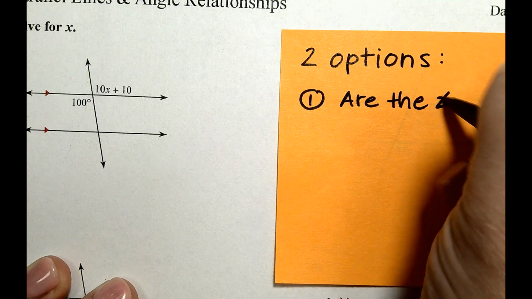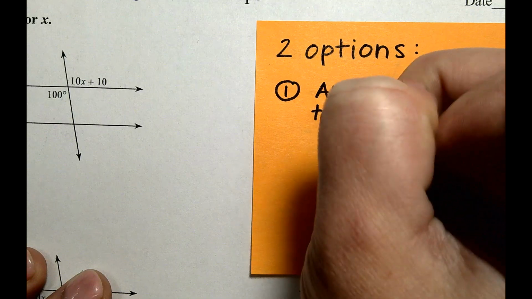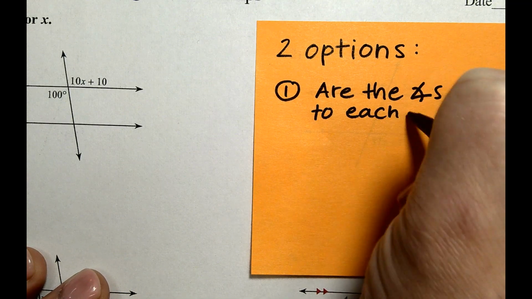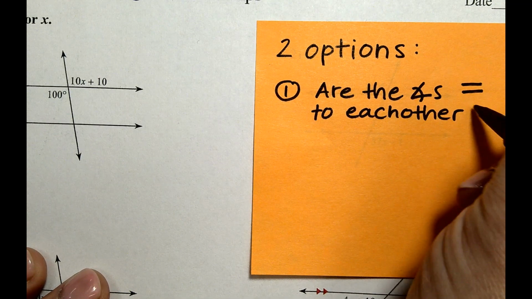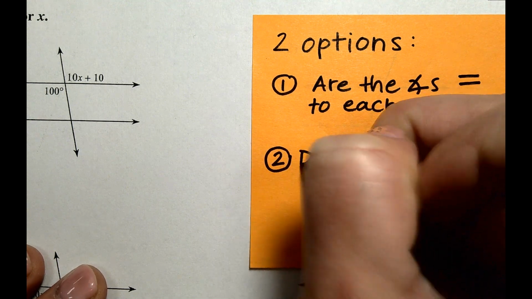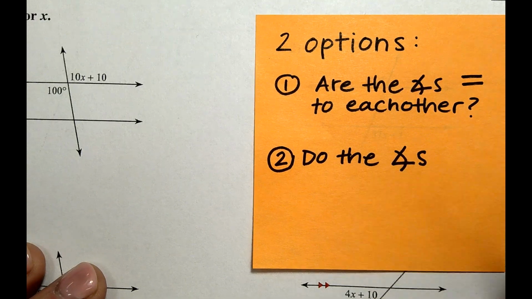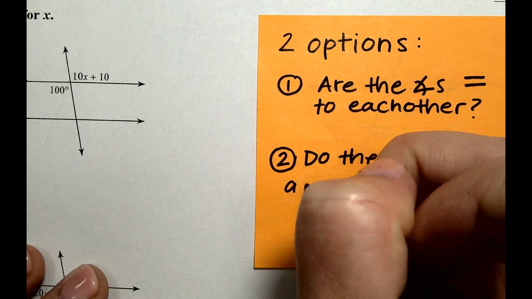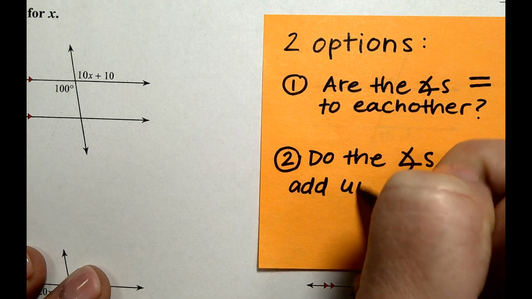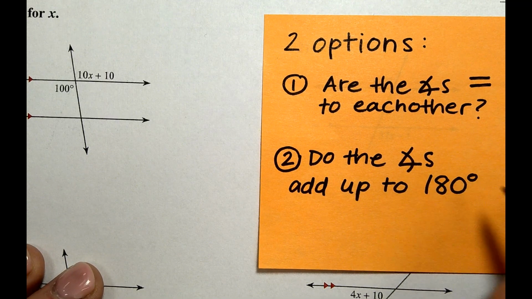Do the angles equal each other, or do the angles add up to 180 degrees?